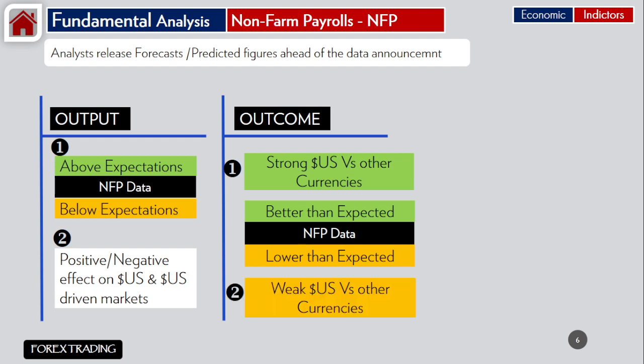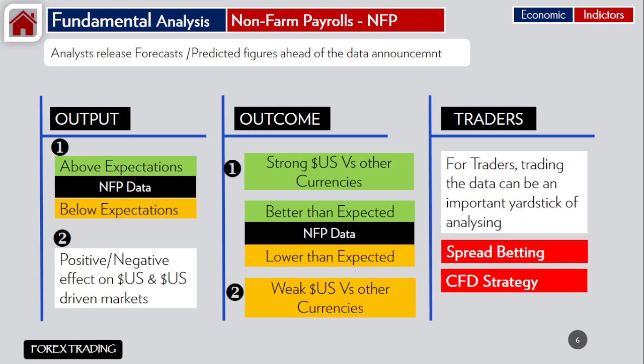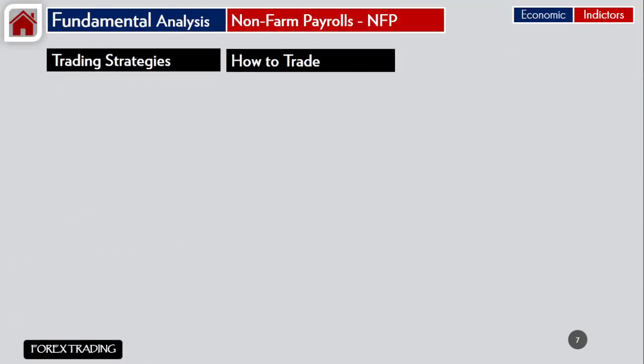If it is lower than expected, then the US dollar is weak against other currencies. And what is in it for traders? Trading the data can be an important yardstick for analyzing their spread betting and CFD strategies. This data is very important for traders in the forex market, because the markets move.